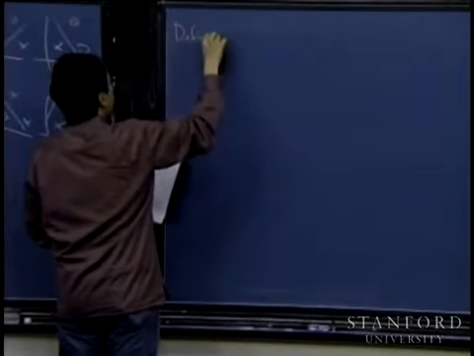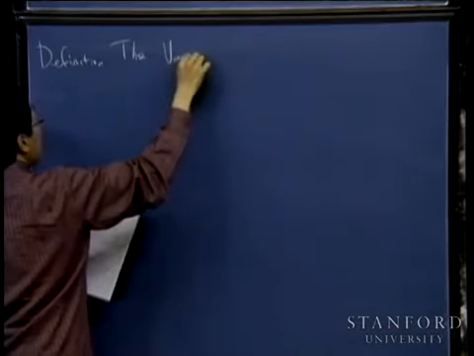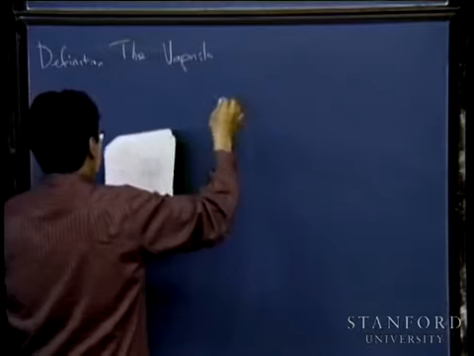So here's another definition. It's called the VC dimension, due to 2 people, Vapnik and Chervonenkis.